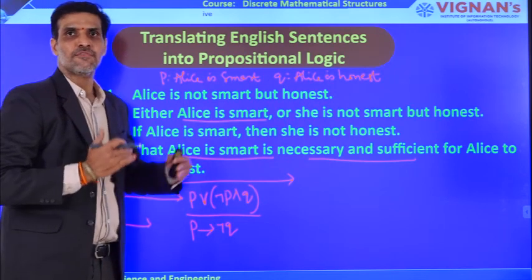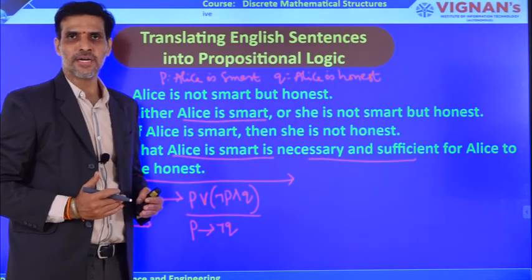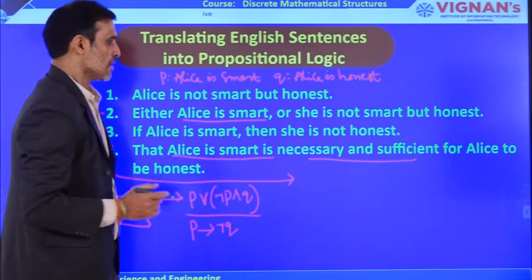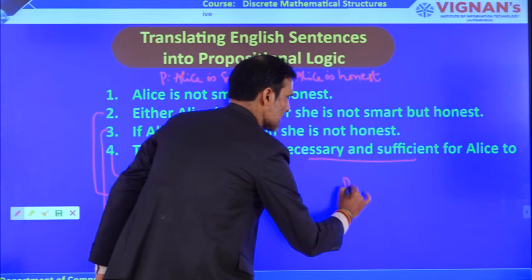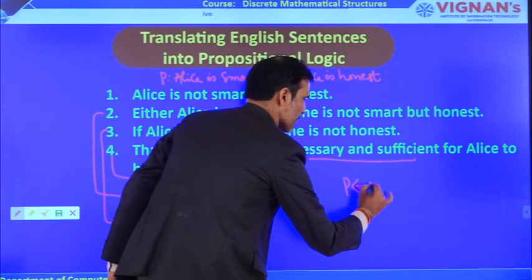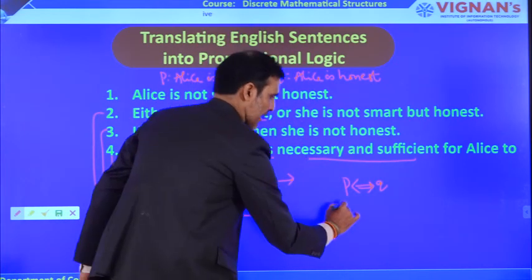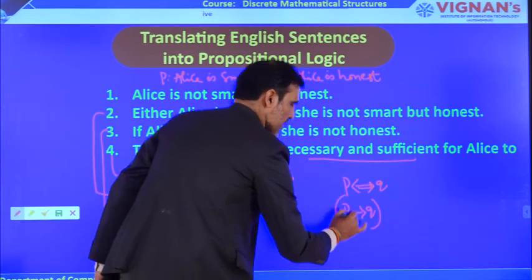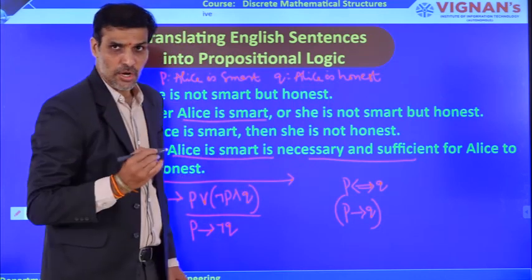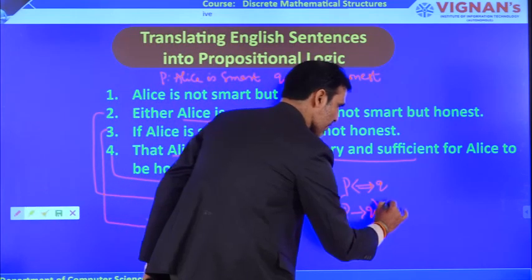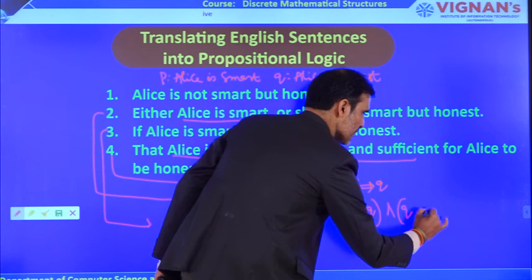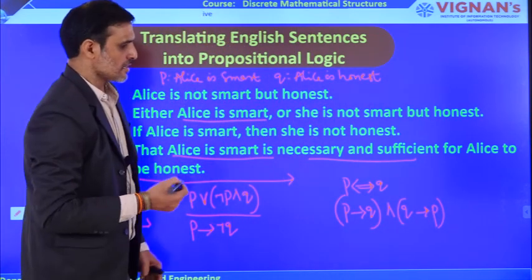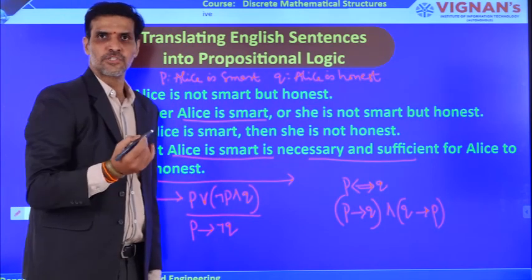In that case, which logical connective do we use? The biconditional. So P implies and is implied by Q. Otherwise, this can also be written as: if Alice is smart, then Alice is honest, and the same way, if Alice is honest, then Alice is smart.